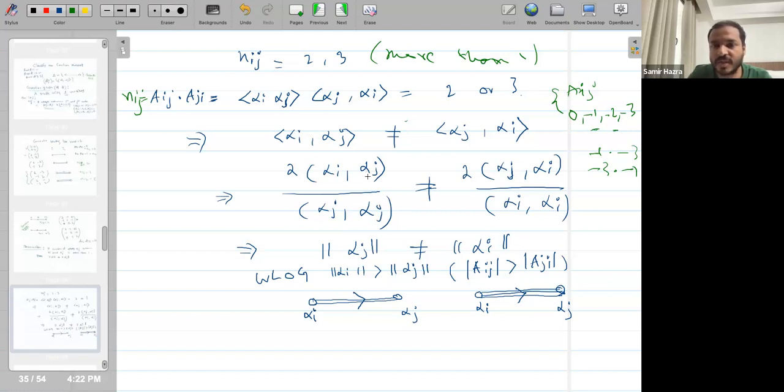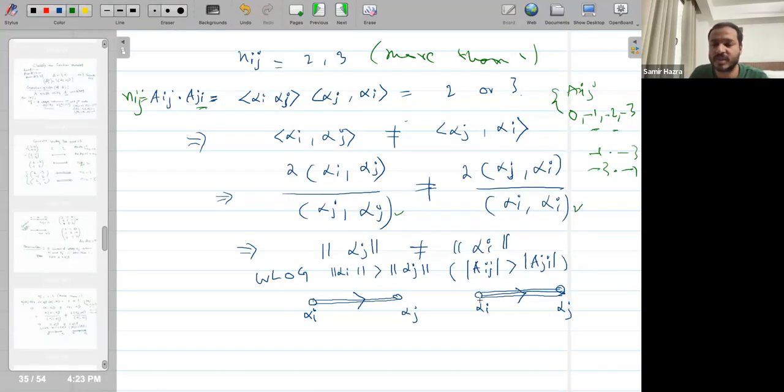The numerators are the same quantities, and the only difference is in the denominator. If the norm of alpha i is bigger, then this denominator is bigger, which means this number must be less. So Aji must be less than Aij.